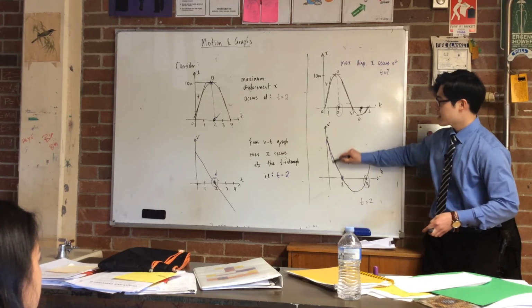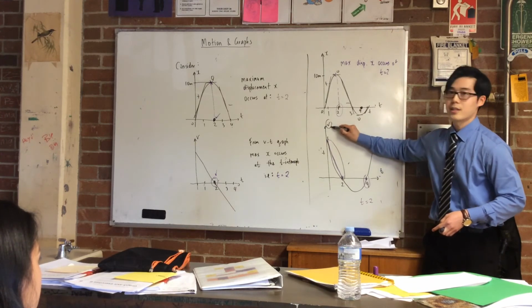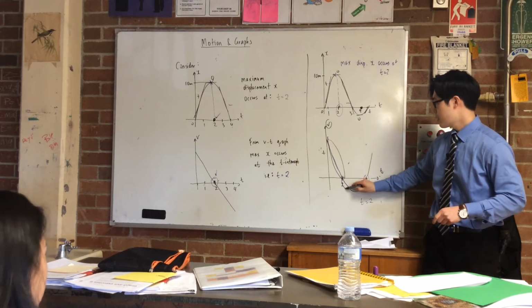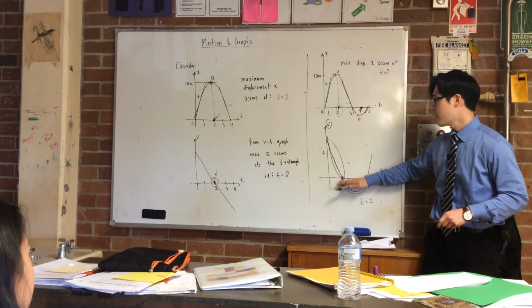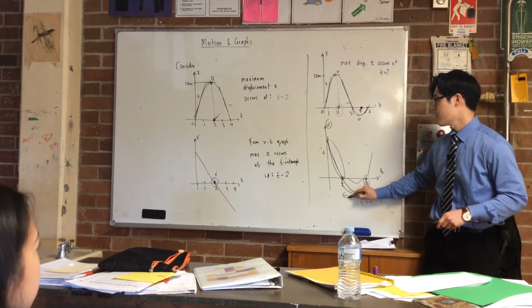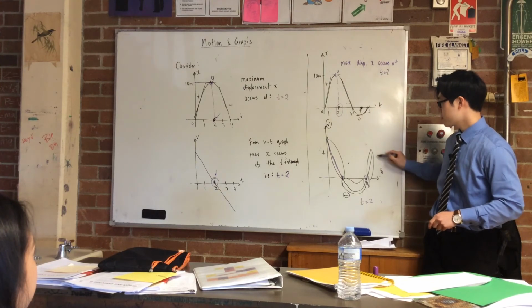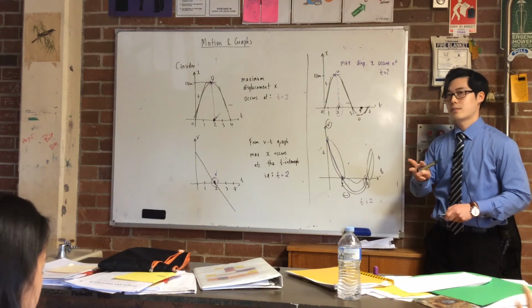So all of this section here, these are all positive velocity. That's one direction. How about here? These are all below, so these are negative velocity, isn't it? How about here? So how many times does it change direction? 3 times.